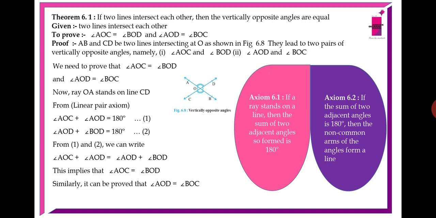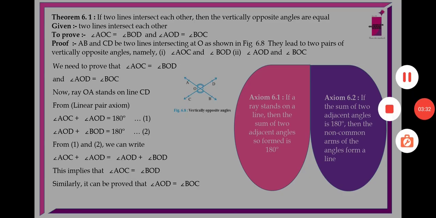You can see AOD is common on the LHS and RHS. So we can remember the axiom of Euclid: if equals are subtracted from equals, then the remainders are equal. Cancelling AOD from both sides, you will get angle AOC equals angle BOD. Similarly, it can be proved that angle AOD equals angle BOC.